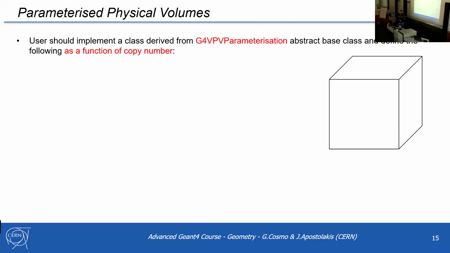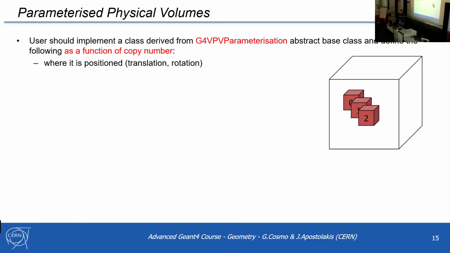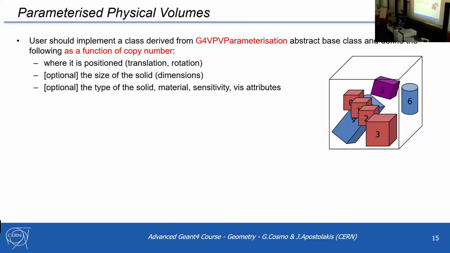And you have to define then the parameterization as a function of the copy number. Essentially, this copy number will represent, for example, the positioning of the shape. So it can be the translation and rotation. It can represent the size of the shape. So you can have a parameterization that parameterizes the size of the solid, or the material, the sensitivity, the visualization attributes.